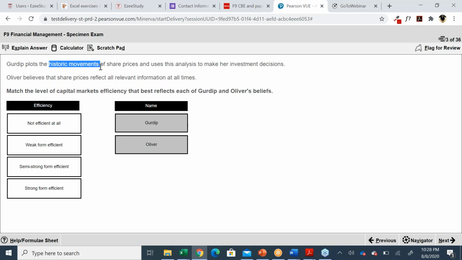Because in the weak form, the stock market prices reflect all the historic events. She believes that the stock market is not efficient at all. That's why she believes that she can gain from knowing something about the history, believing that nobody else knows about what the historic trends are.